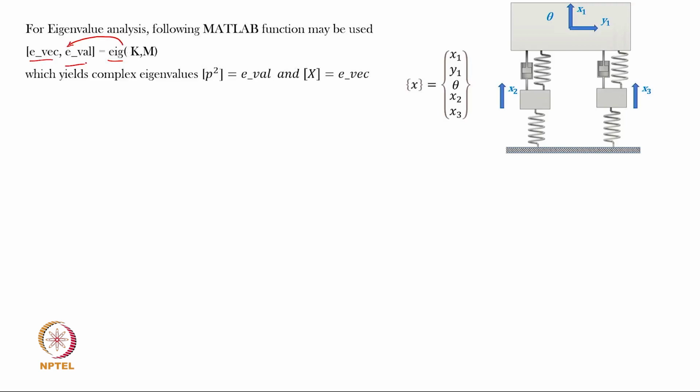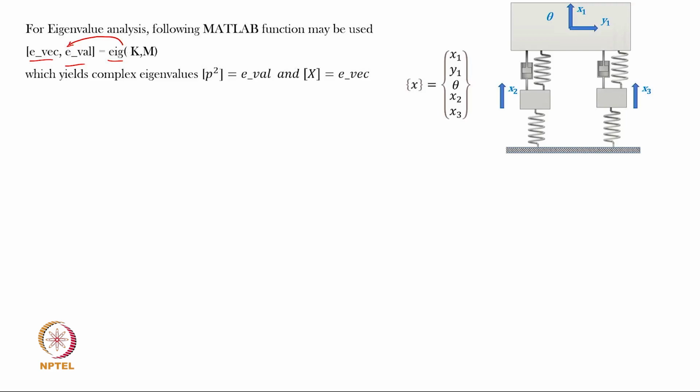So, these are all what you will get from invoking this standard library function EIG. What you need to input for this is the stiffness and mass matrices. Depending upon the size of your system, the matrix size could be n cross n, but once you substitute all the numeric values, you can send these stiffness and mass matrices to the function, and in return it will yield you the eigenvalues.